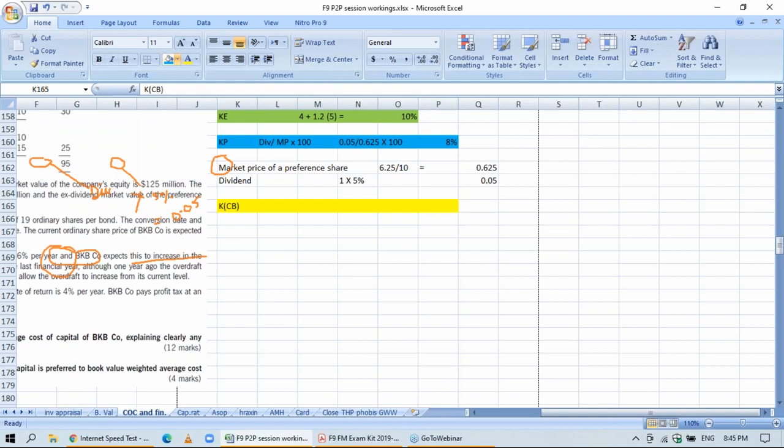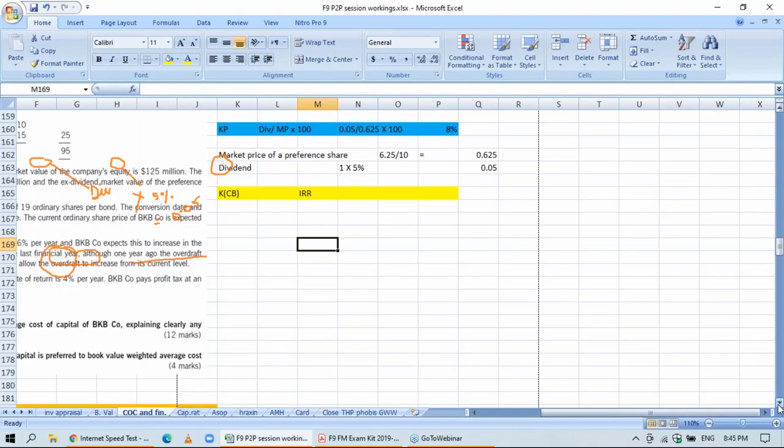We have to calculate the internal rate of return for the convertible bond. Now let's check how to calculate the IRR. It's in the same way that we normally calculate the cost of debt, the cost of bond, like we did in the last class. What we'll do, we'll calculate two NPVs connected to the bond.